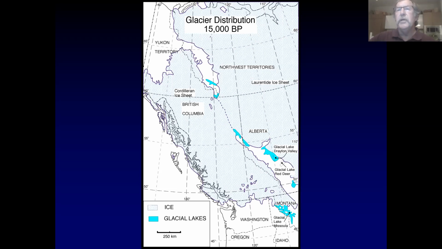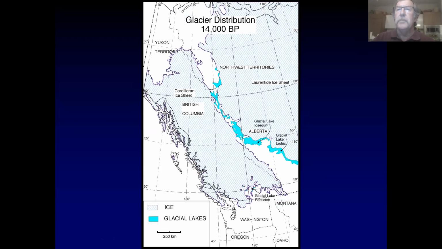In British Columbia, it's not so obvious here, but highlands were beginning to emerge from the ice sheet as the ice sheet thinned. So it was not only pulling back, but it was also thinning over its vast interior area. And this continued, of course, with time.